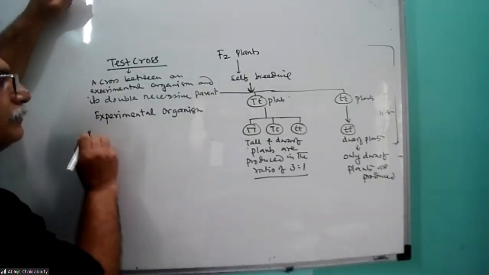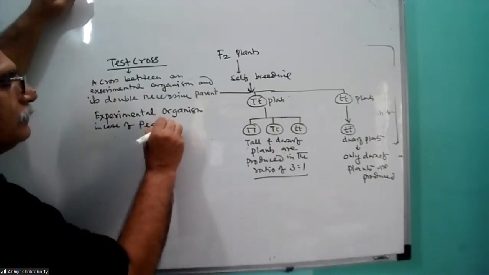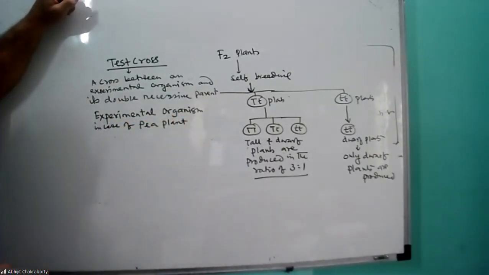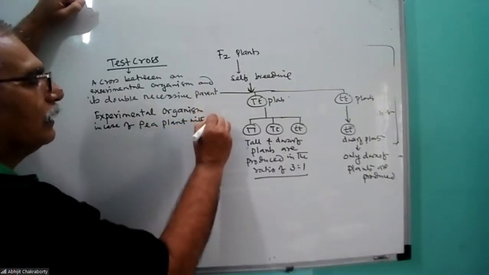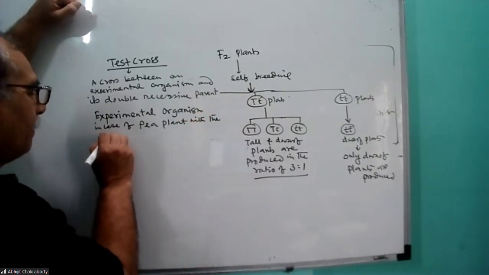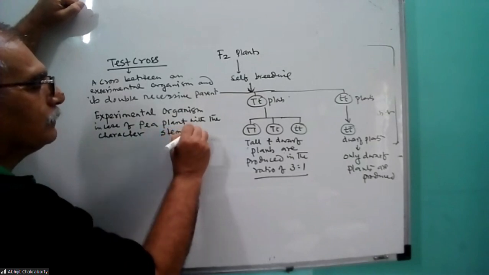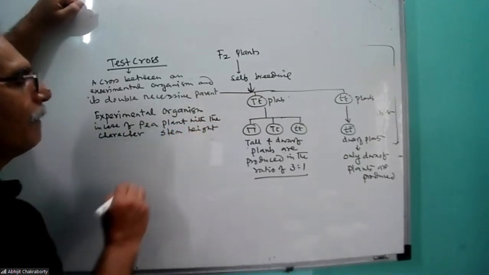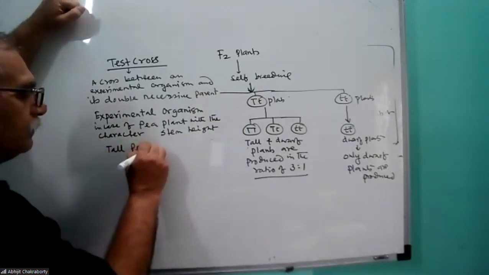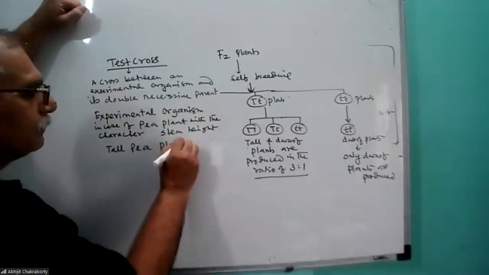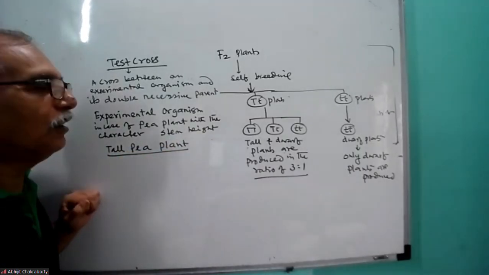So in case of the pea plant, with the character stem height, a tall pea plant. Why is it an experimental plant? Because a tall pea plant may be found in two forms.